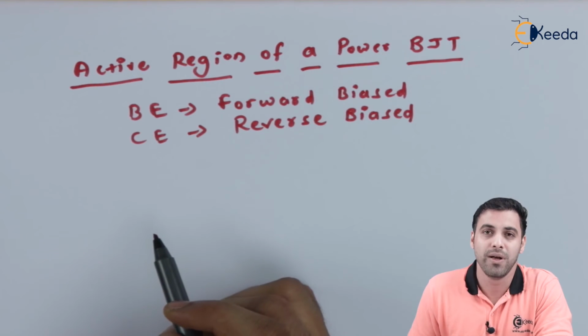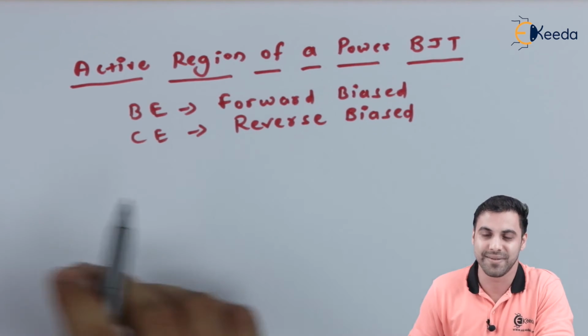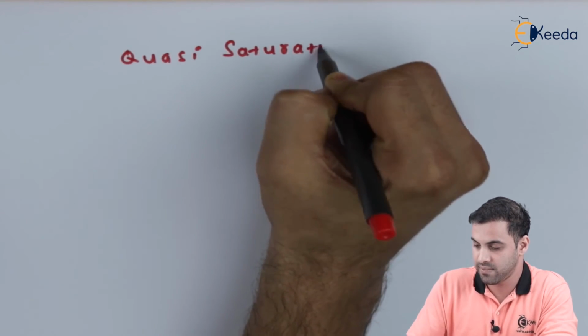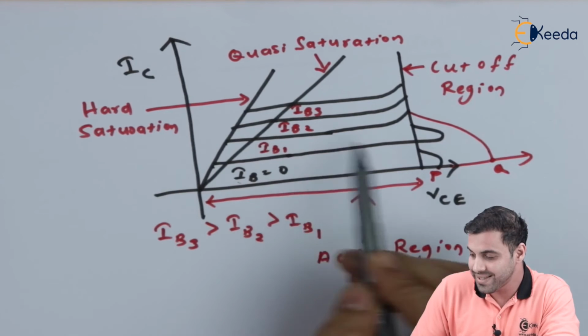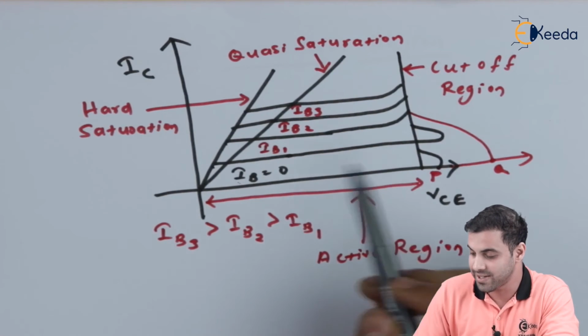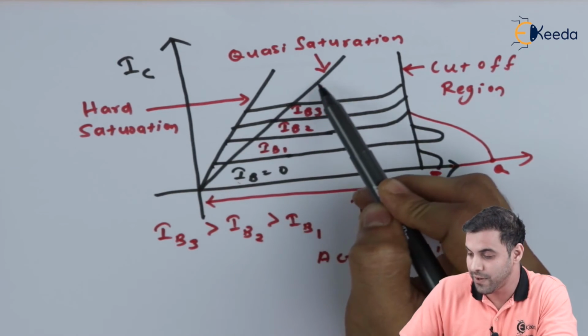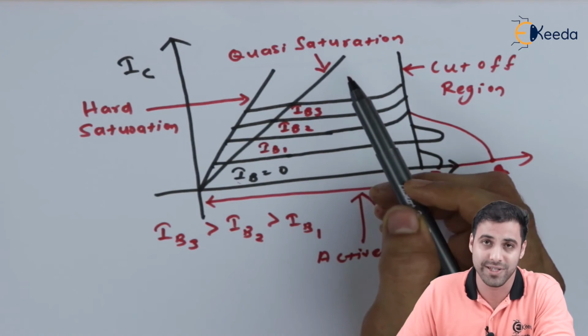Now let's talk about a quasi-saturation region. So friends, you all can see the VI characteristics. This line represents the quasi-saturation region.